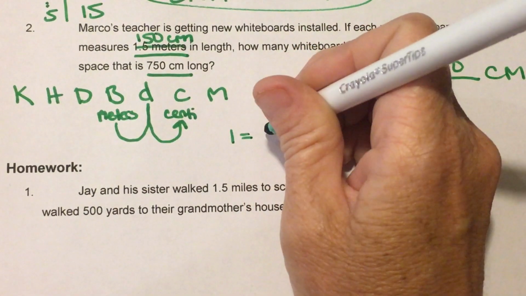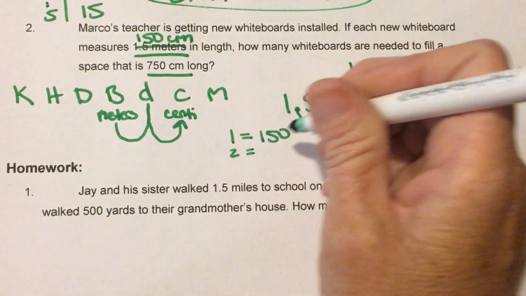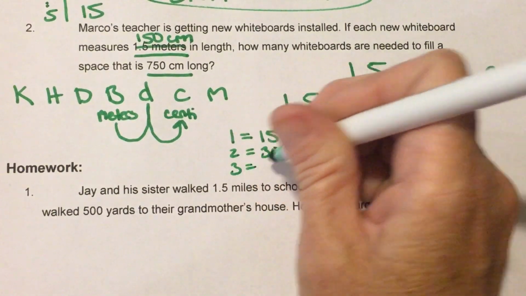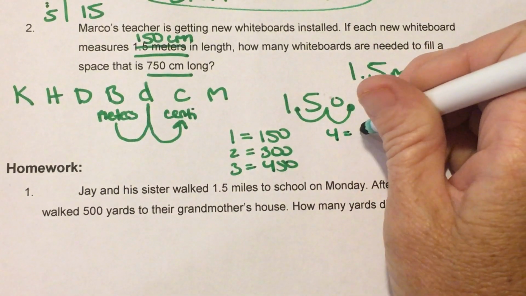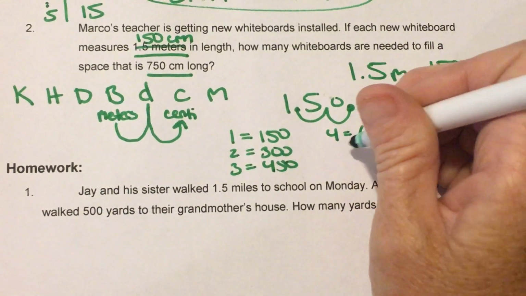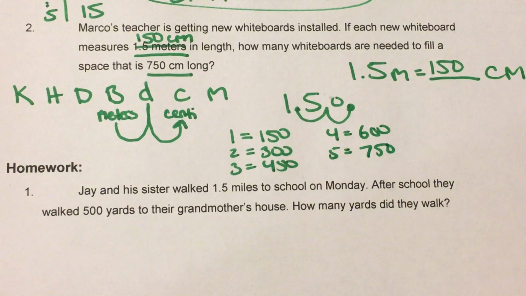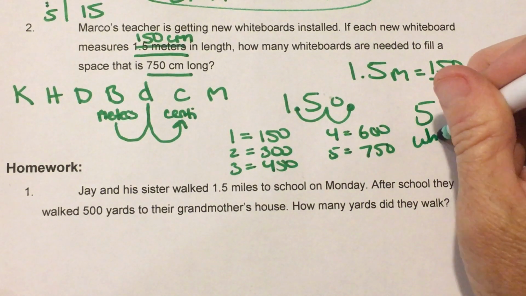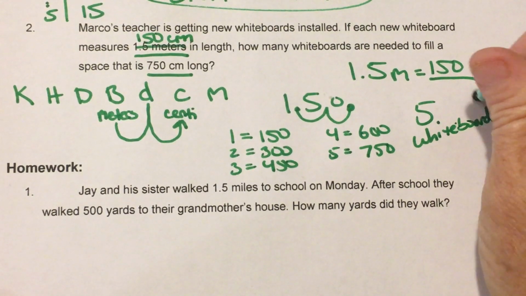Well, if she gets one whiteboard, that's going to be 150 centimeters. 2 whiteboards would be 300. 3 whiteboards would be 450. 4 whiteboards would be 600. And 5 whiteboards is going to be 750 centimeters. So our answer is, 5 whiteboards would cover the big space.